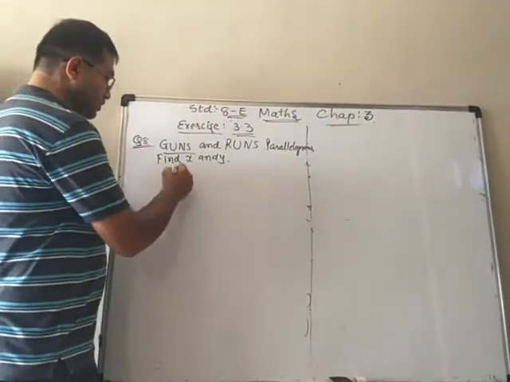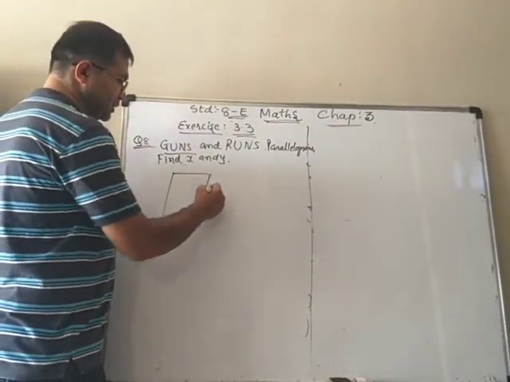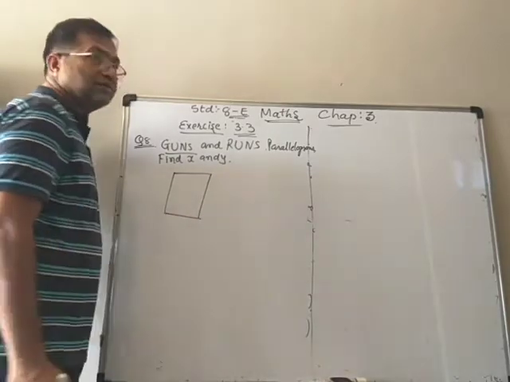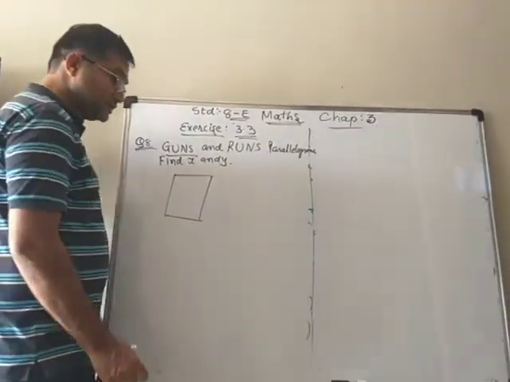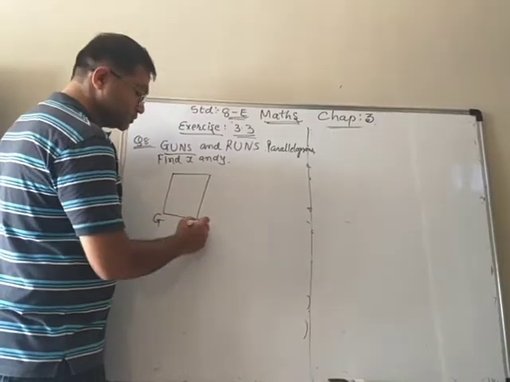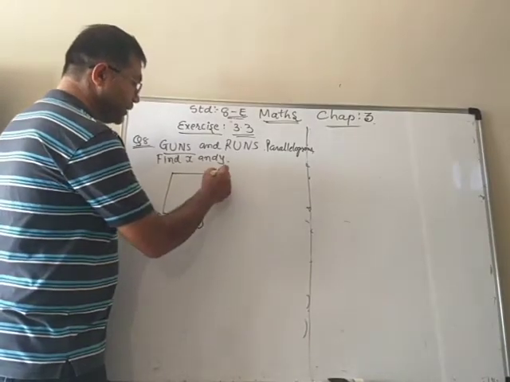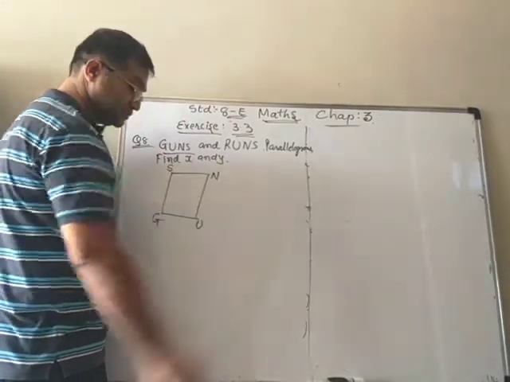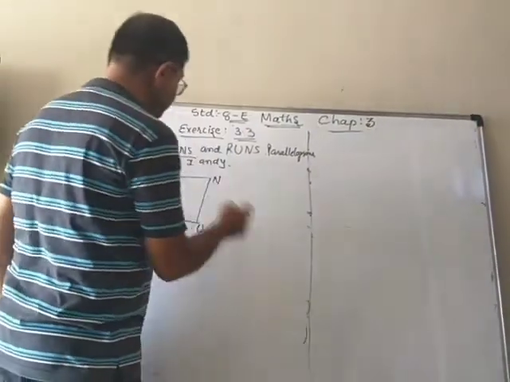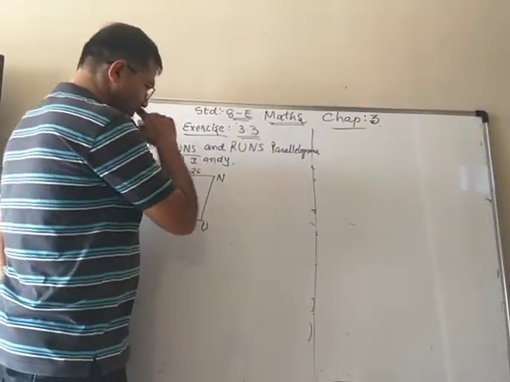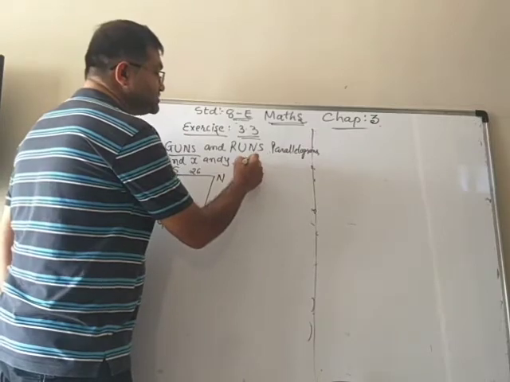Right? So GUNS is not the real gun, but it is a parallelogram, G, U, and S. Now some of the measurements are given here, and given that measurements are in centimeter.